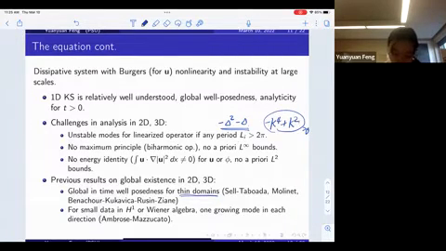And for small data in H1 or Wiener algebra, with one growing mode in each direction, this has been done by Ambrosi and Mazzucato. So in general, we do not have global existence. The global existence is only achieved for special domains or for small data.